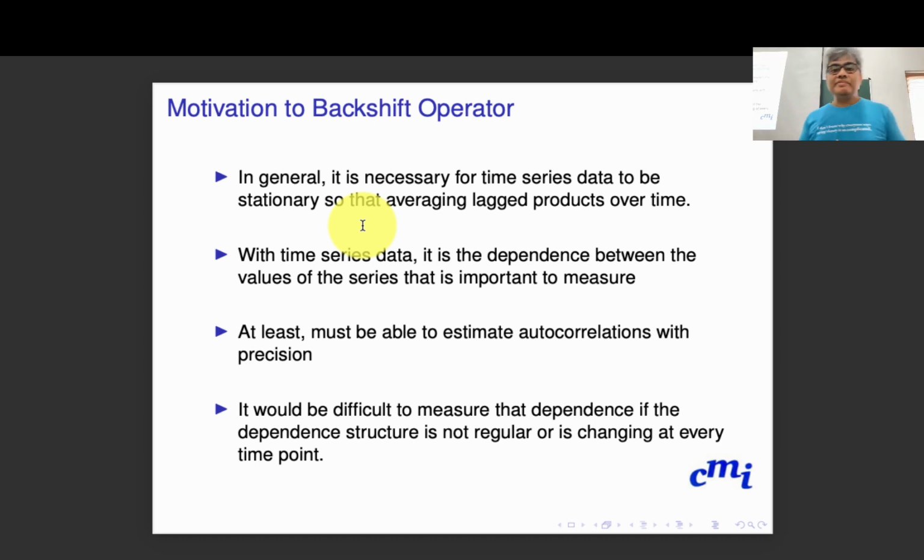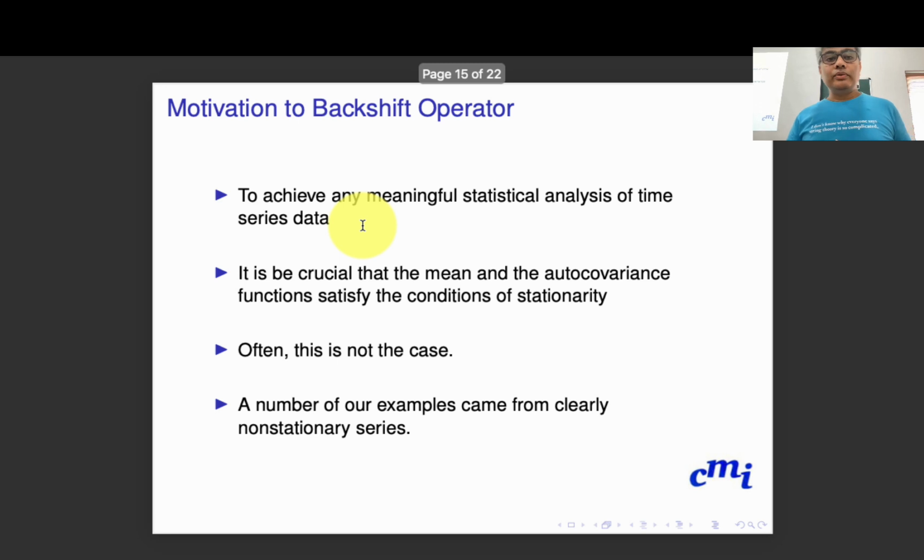Within time series data, it is the dependence between the values of the time series that is important to measure. So again, same point, we must be able to estimate the autocorrelation with certain precision. So it would be difficult to measure the dependence if the dependence structure is not regular or is changing at every time point. So basically it is talking about non-stationarity.